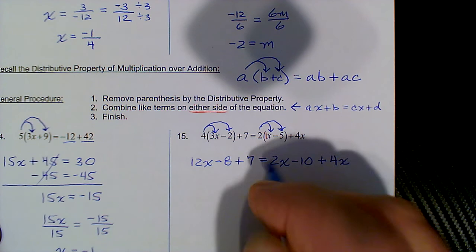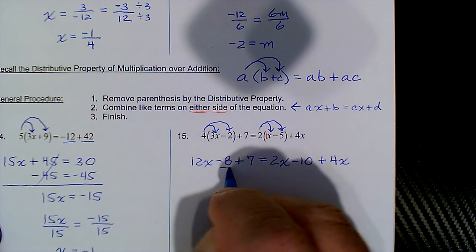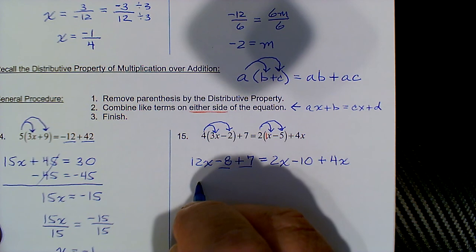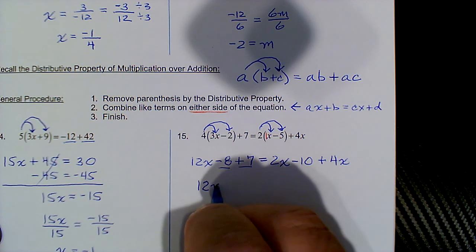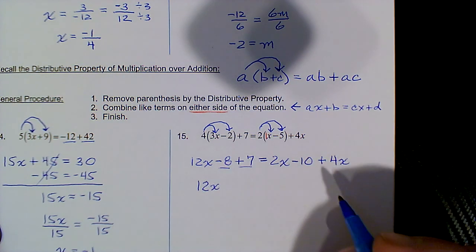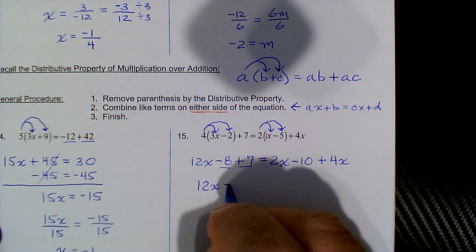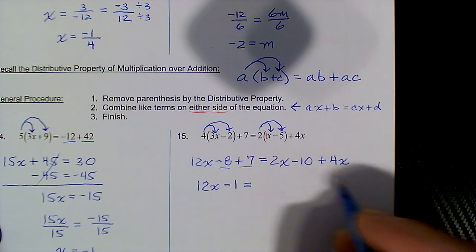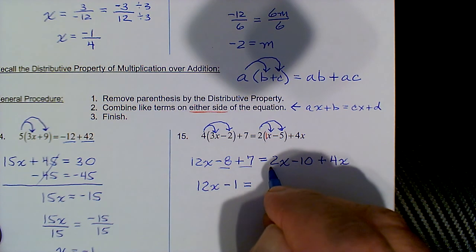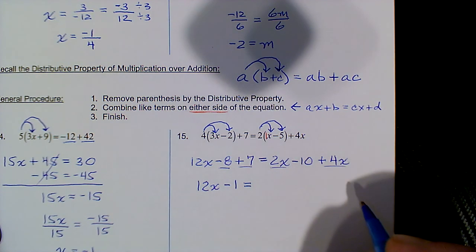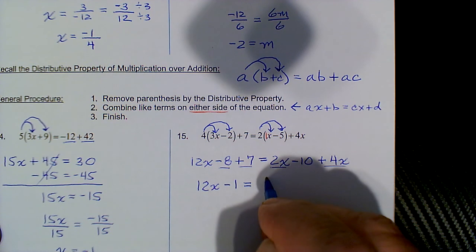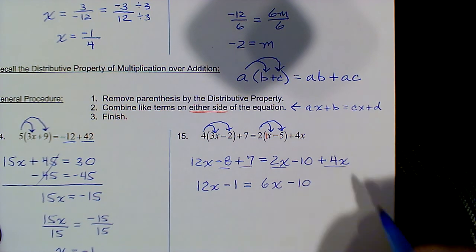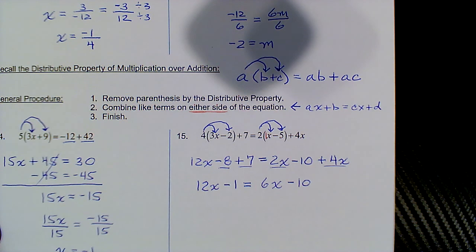So notice on the left-hand side of the equation, I can only combine these constant terms because there's only one term containing x, so we'll recopy that. Combining a negative 8 and a positive 7, we get negative 1. And that's equal to, on the right-hand side, we can combine the x terms, the 2x and the 4x. And we get 6x, and we'll just have to recopy the negative 10 because there's no other constant term.